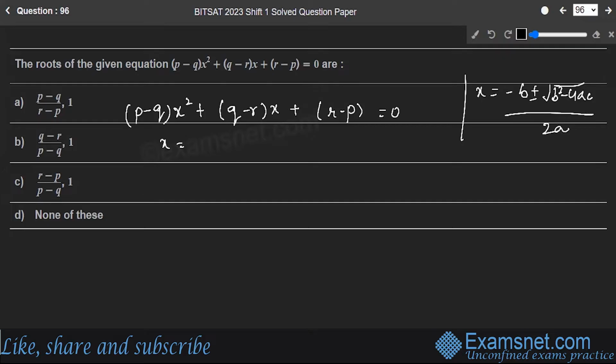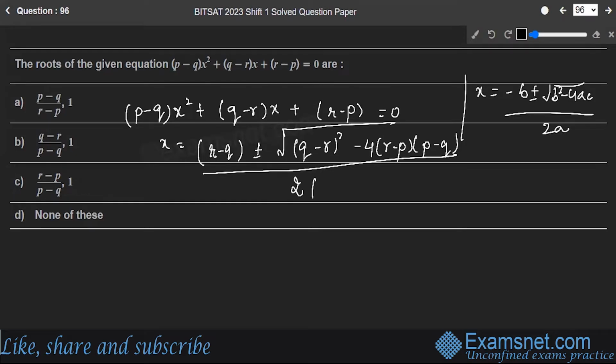So here you have x equal to R minus Q plus or minus root of B square minus 4 into A into C, upon 2 into (P minus Q).